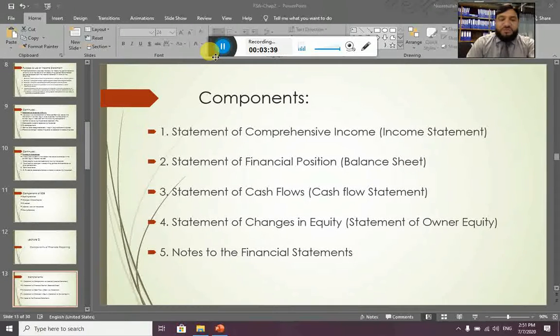From which we subtract, if the company is mainly production or manufacturing, the cost of goods sold. We'll have to calculate the cost of goods sold, from which we'll find out the gross profit. Then we list our operating expenses and subtract them, and at the end we'll have operating profit.